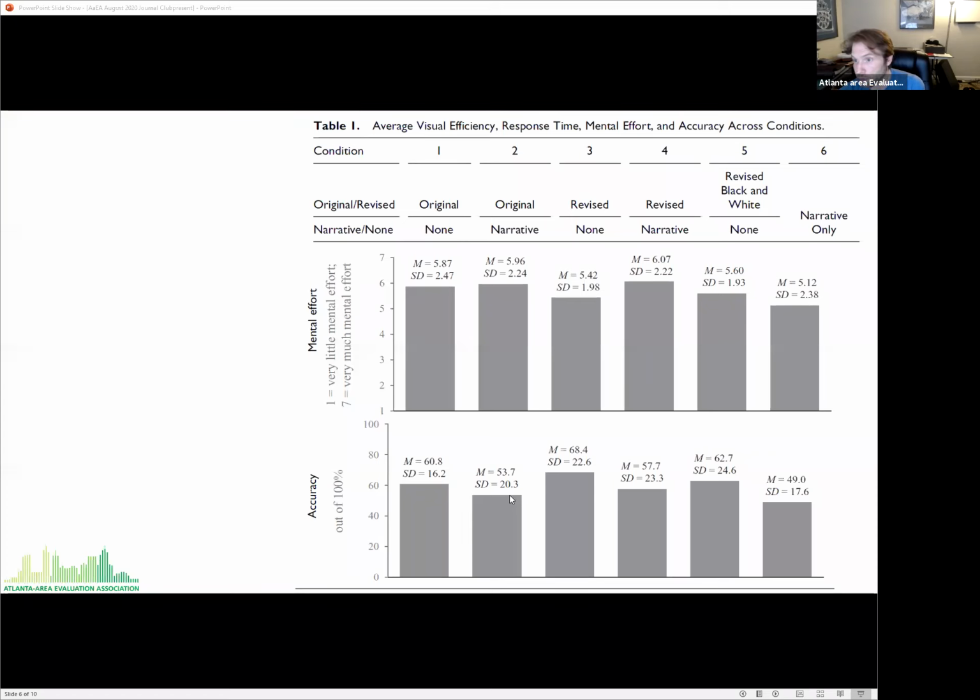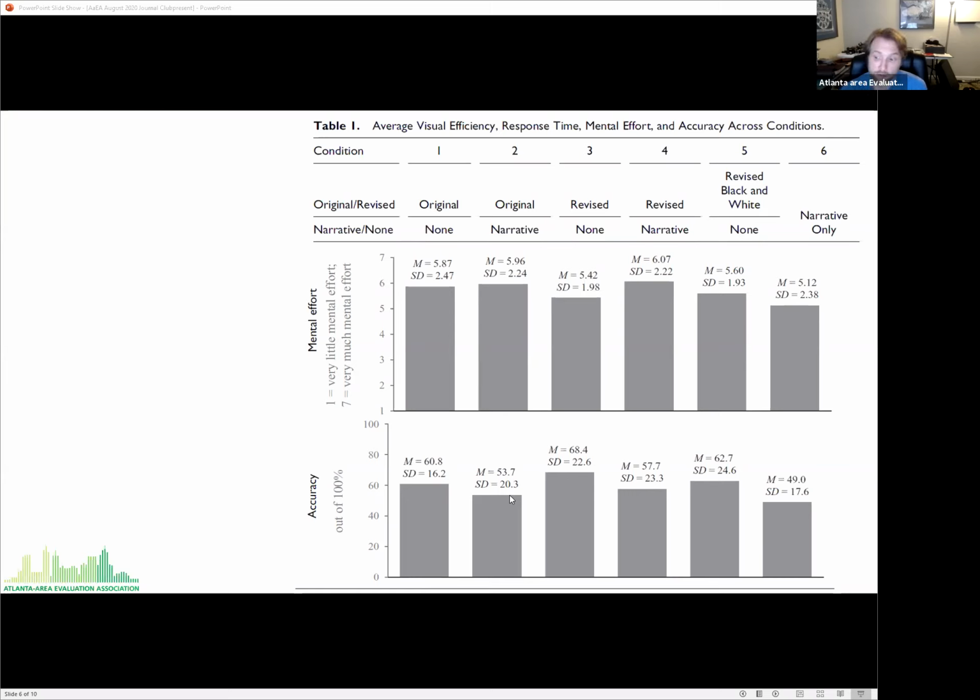We can see, right, once again, the revised without a narrative comes in at the best, right, where lower is better if we're interested in decreasing the burden on those looking at the logic model. And I say that not in comparison to the narrative only, right? The narrative didn't seem to take that much mental effort. But if we're looking to represent a logic model, then the revised seems to win out.